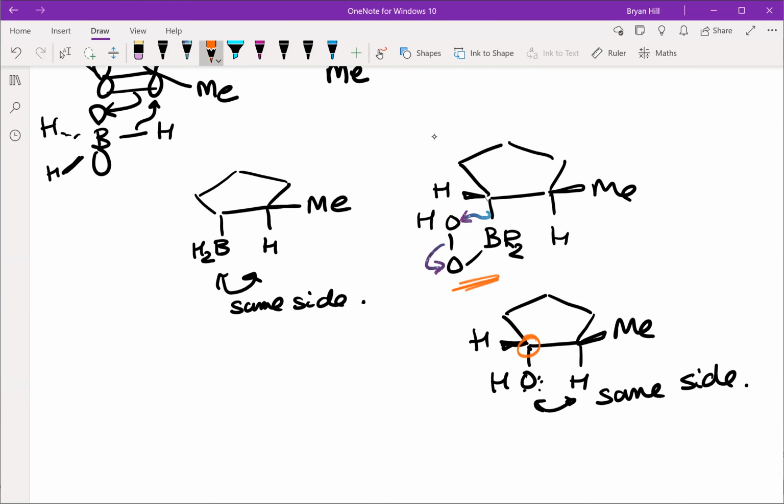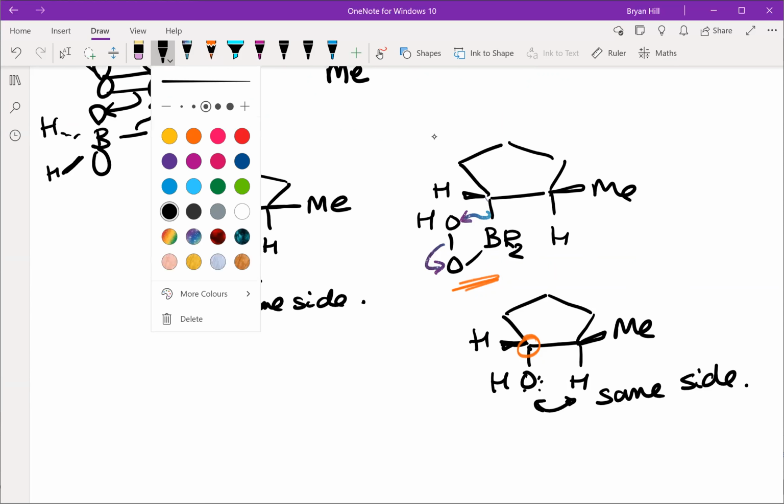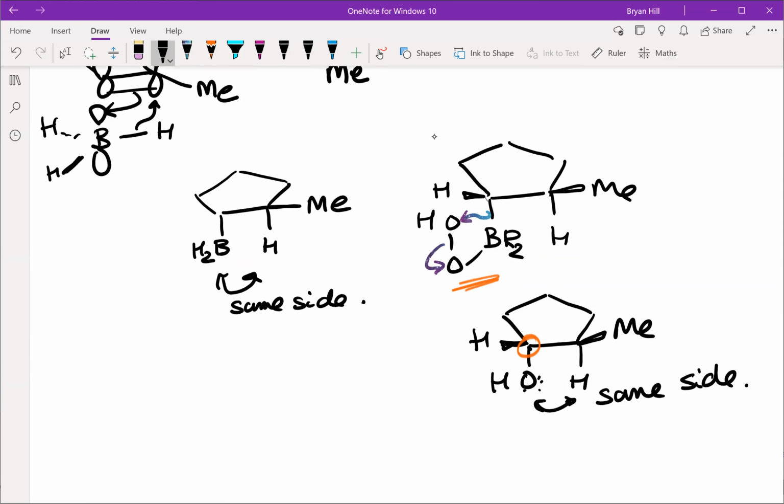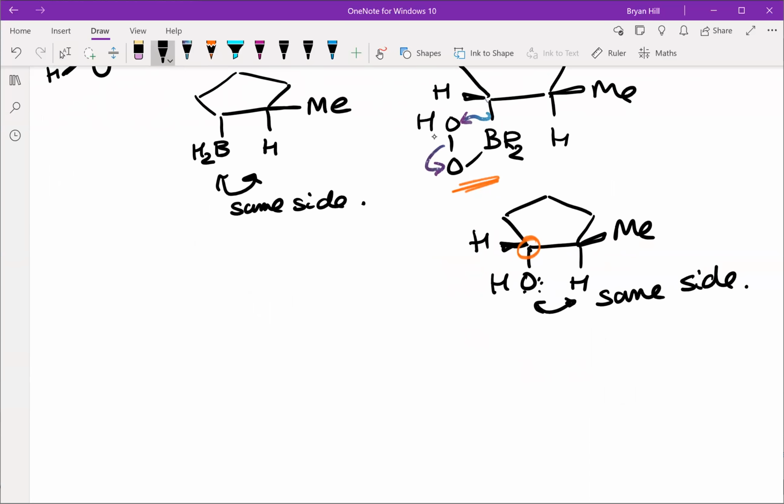There's one last thing I'll say. I know that we're running out of time, but chemists have developed reagents in which there's only one H on borane, and they've added R groups to it that are really very large.